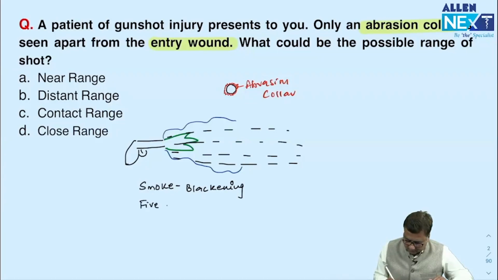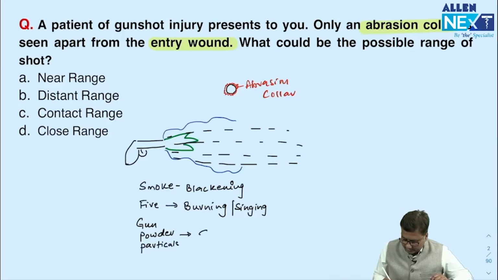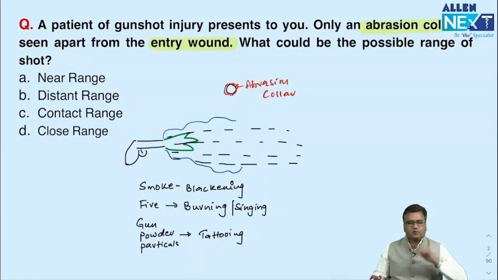Fire produces burning or singeing of the area, and gunpowder particles produce what is called gunpowder tattooing. Okay, so we have blackening, burning, singeing, and tattooing effects that could be seen along with the entry wound, which is produced by the bullet itself.